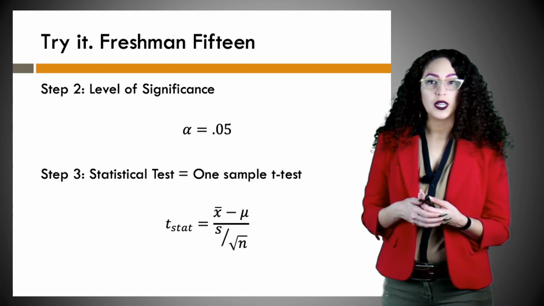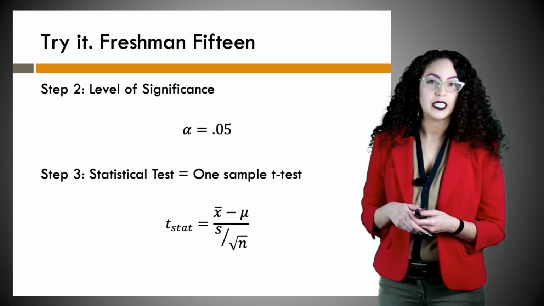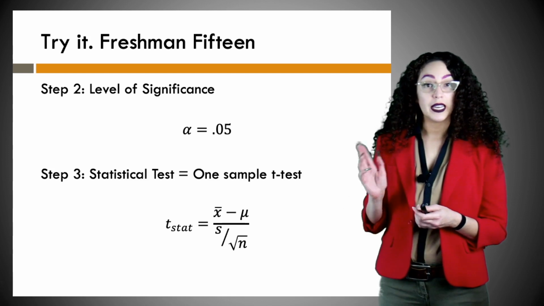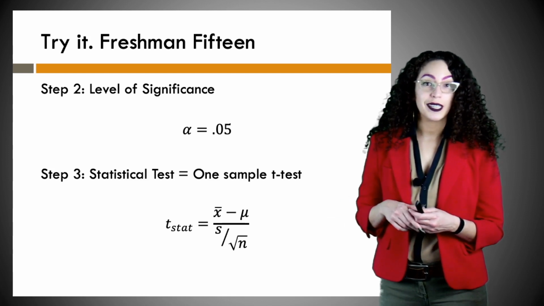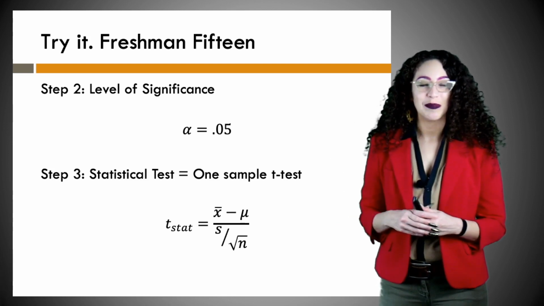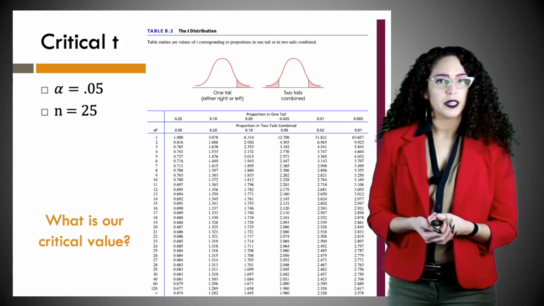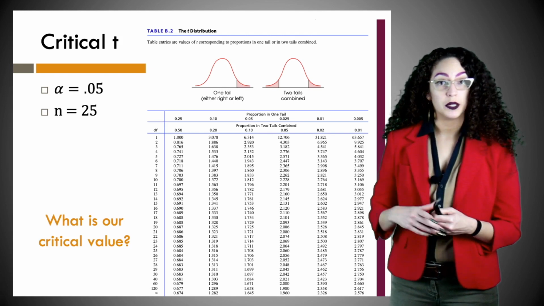Step two, what is the level of significance we want? In the problem it said test at 0.05, and again, that's usually the convention. Step three, what statistical test are we going to use? Well, that's fairly obvious because this entire lesson is called one sample t-test, so we're going to use a one sample t-test. Step four, what are our critical values? We have two of them because it's two-tailed.